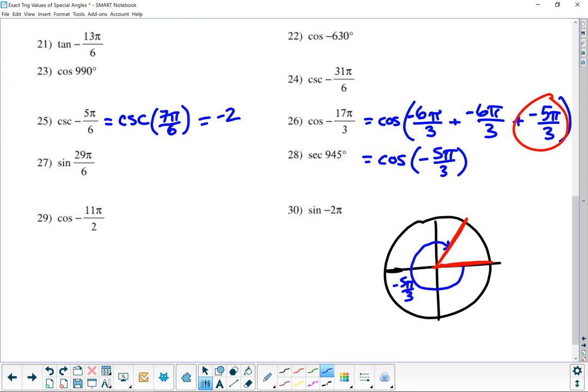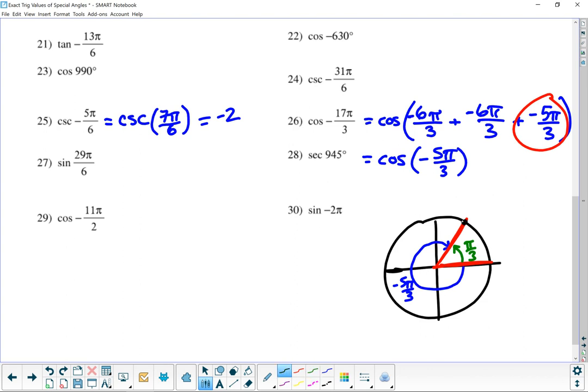If you look where it matches on your unit circle, that's the same as pi over 3. They're the same thing. Actually, it should be like this. This is pi over 3. They both end up at the same spot, the same terminal. Remember, we talked about coterminal a while ago?